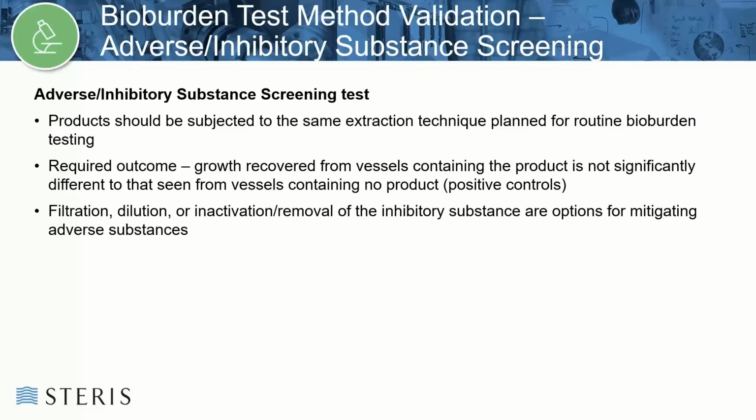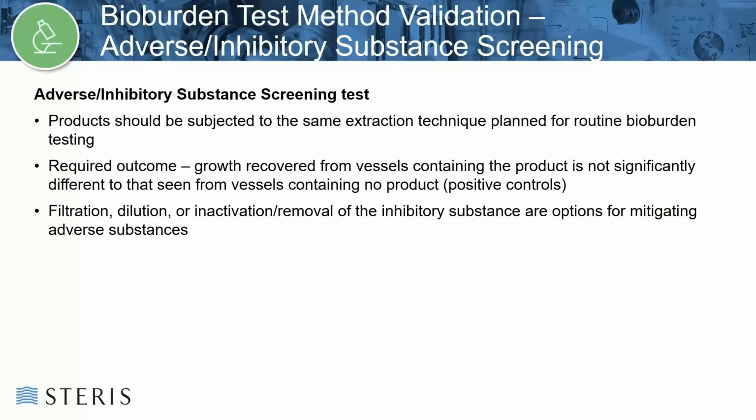should be subjected to the same extraction technique planned for routine testing and validated during the Bioburden recovery efficiency method testing. The required outcome in the Bioburden adverse screening test is that the quantity of growth or number of CFUs recovered from the vessels containing the product is not significantly different to that seen from the vessels containing no product, which are positive controls.